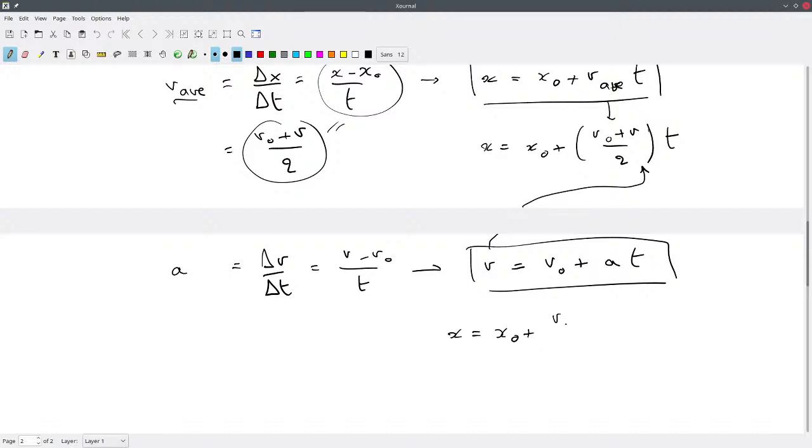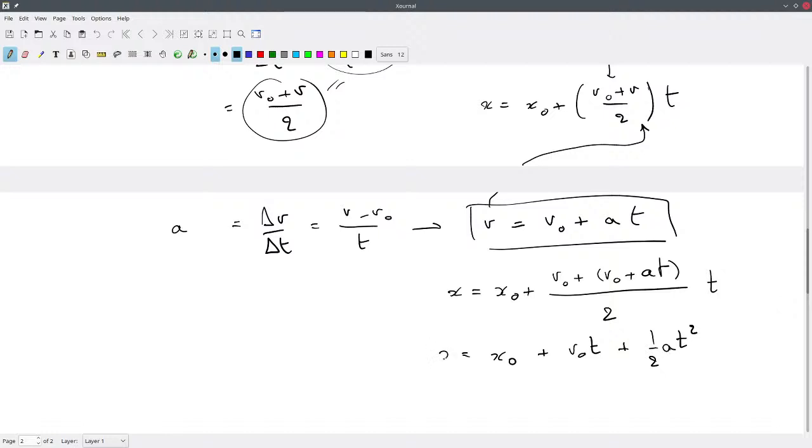So we'll have (v0 plus v0 plus at) divided by 2 times the time. So that gives us x0 plus v0 times the time plus 1/2 a t squared. And that's going to be, again, an important equation to keep in mind.